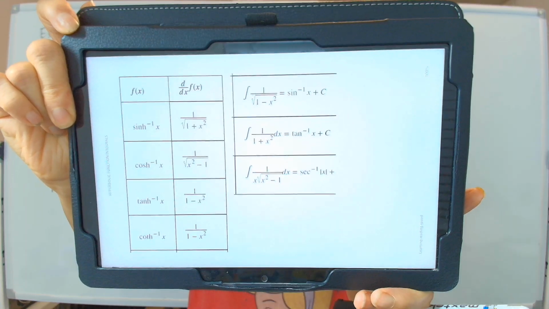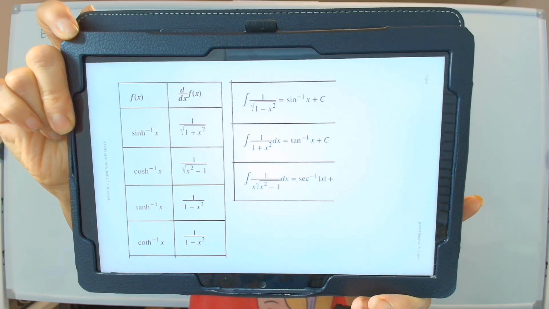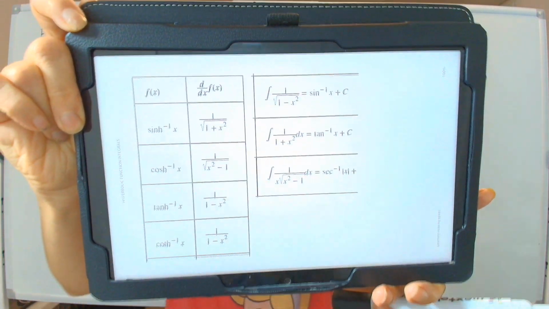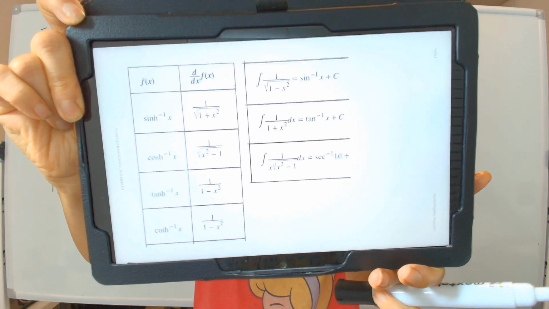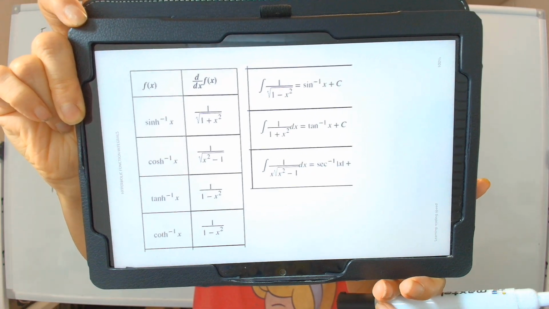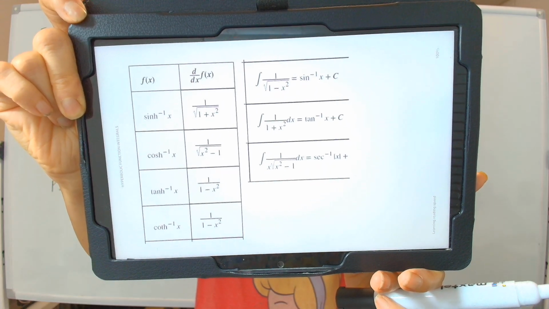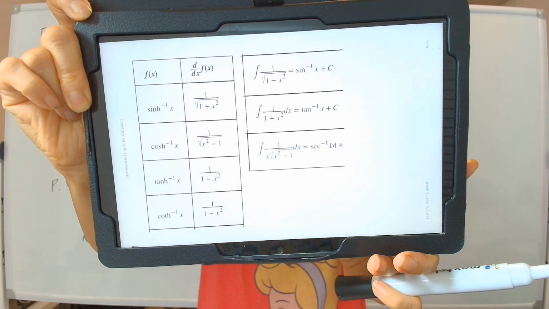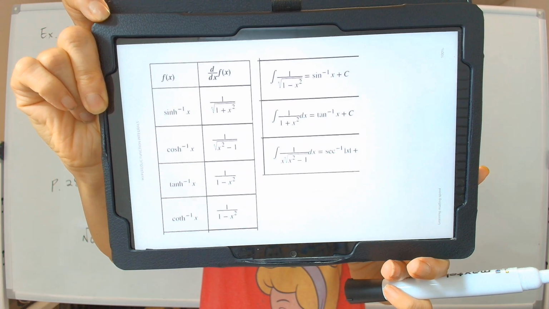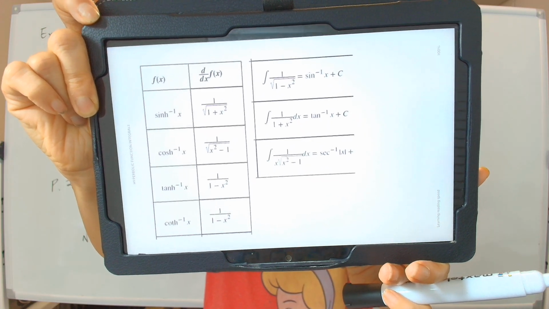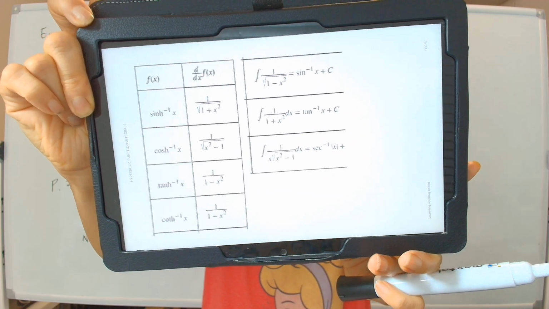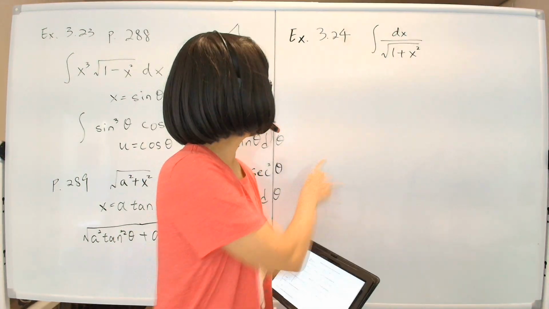As you can see, the antiderivative of 1 over 1 plus x squared is simply the inverse tangent of x. So we already know what this is.